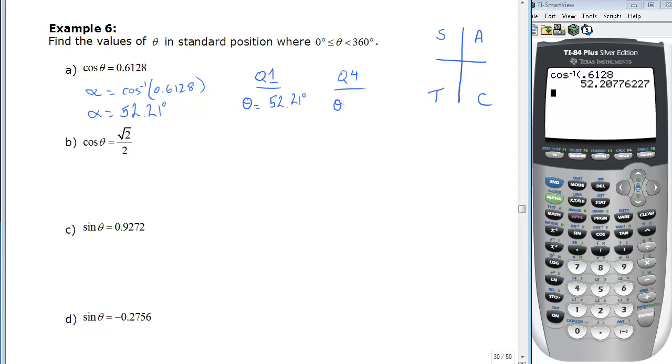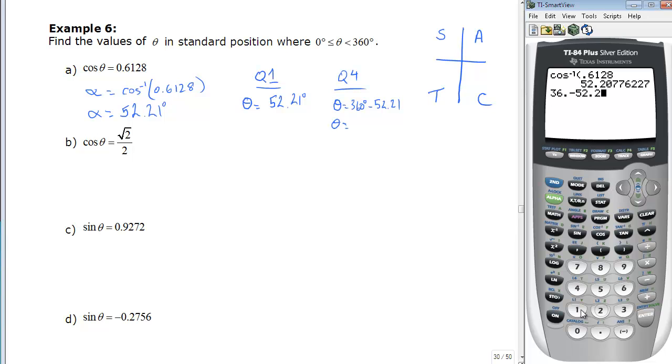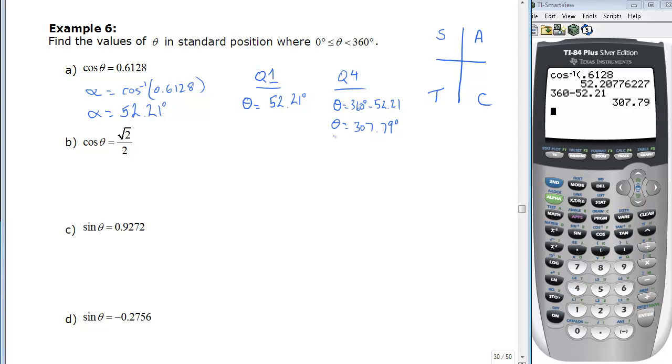In quadrant 4, we have to take 360 degrees minus our reference angle, which tells us, if we go to our calculator, 360 minus our reference angle, 52.21, that's 307.79 degrees. So there we have quadrant 1 and quadrant 4, which are the two places where cosine can be positive.